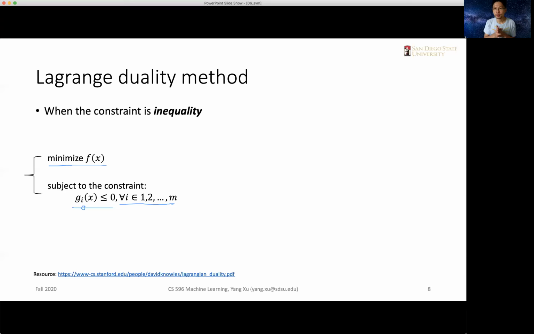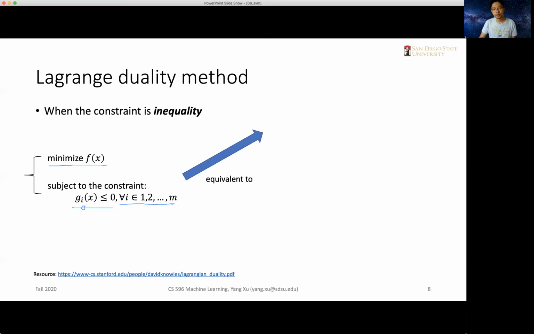You will need to take some time to go through these slides, and if you want more detailed information, you can go to the link here about the Lagrangian duality method. It is optional to understand all the details, but this is the key step of solving the SVM optimization problems. So we'll go through the main part, the backbone, very quickly here.